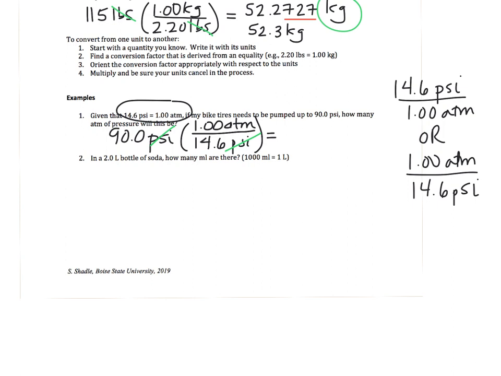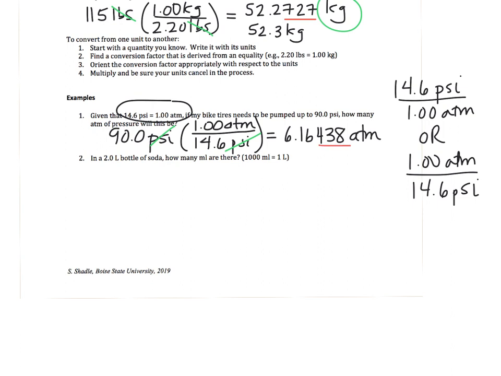Now I just take the numbers and put them in my calculator. And what I get is 6.16438 atmospheres. Now I need to check my sig figs. So I had 3 sig figs here, 3 sig figs here, 3 sig figs here, so my result can have 3.